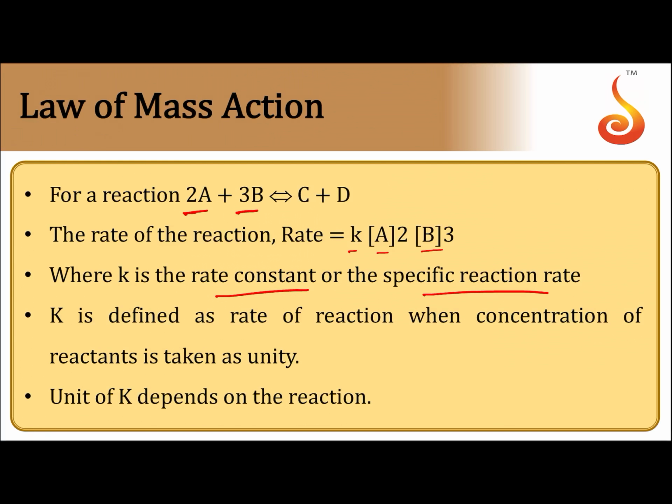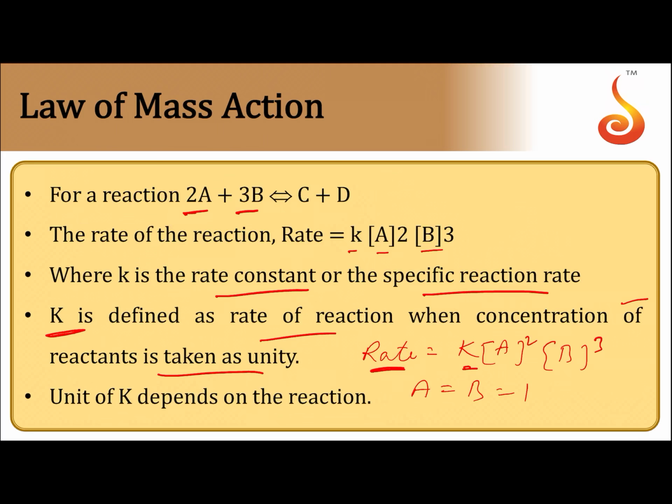Now here, specific rate can be defined as follows. Let us take rate is given as rate constant into [A] square into [B] cube. Suppose if you take [A] equal to [B] equal to 1, then rate becomes equal to K itself. Therefore, rate constant K is defined as the rate of reaction when the concentrations of reactants are taken as unity.